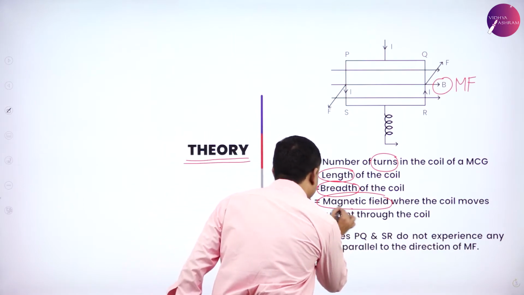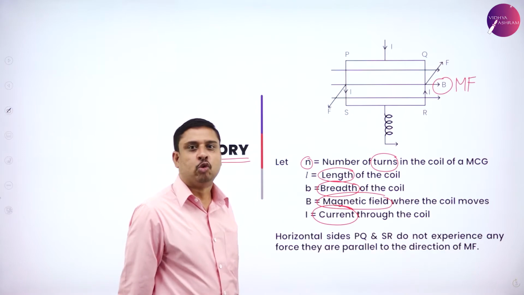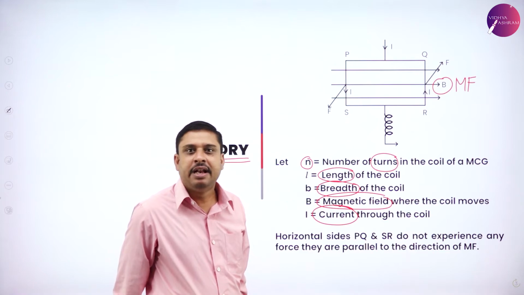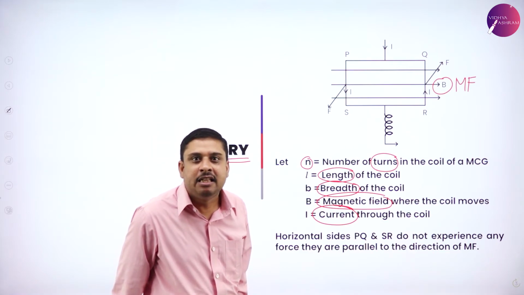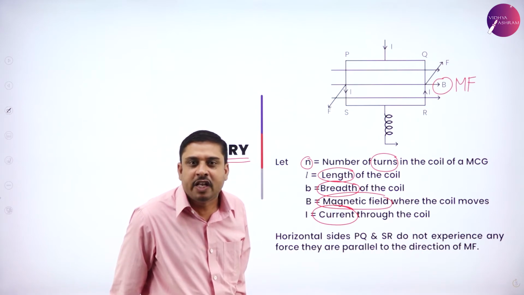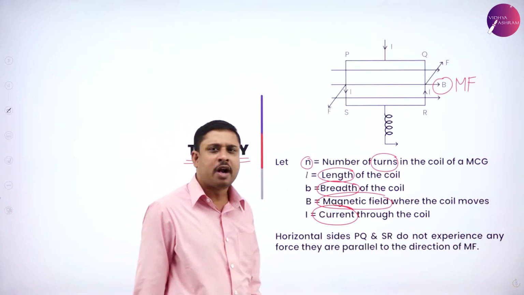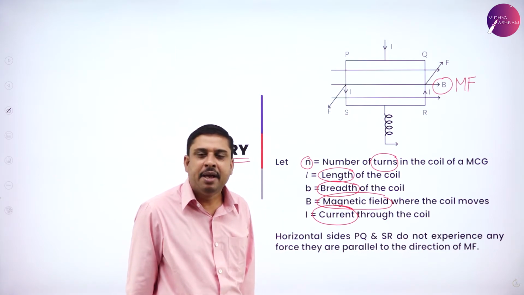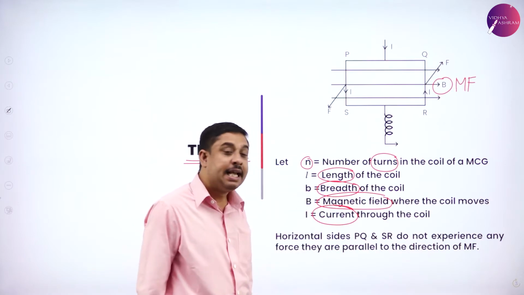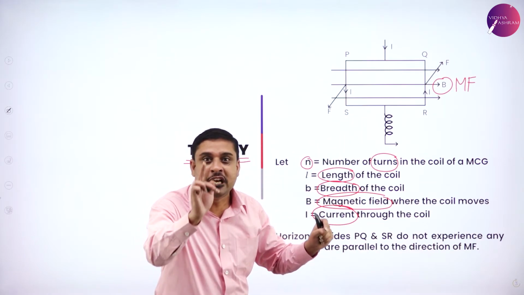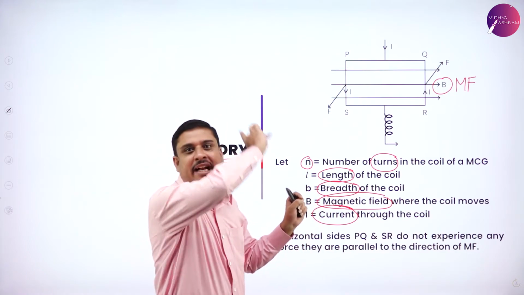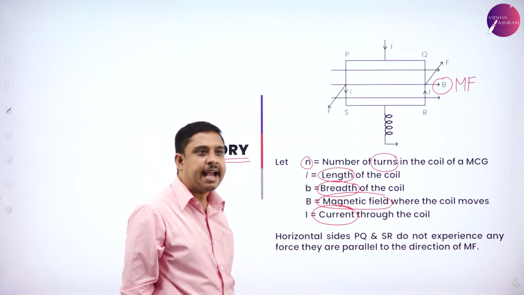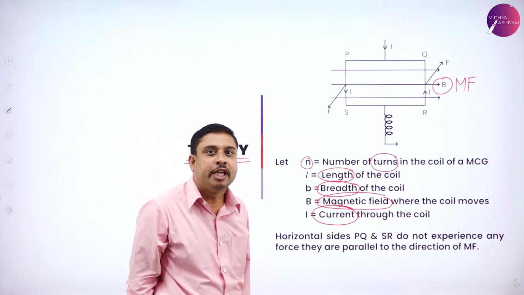I is the current flowing through the coil. So, descriptions of that coil: n, number of turns in the coil of the galvanometer; L, length of the coil; b, breadth of the coil; capital B, uniform magnetic field in which the coil is placed; I, current flowing through the coil.